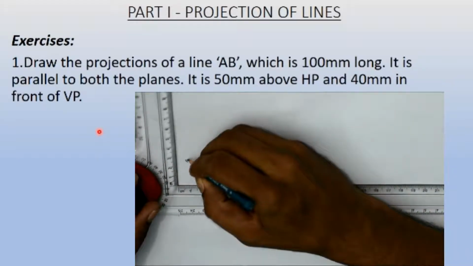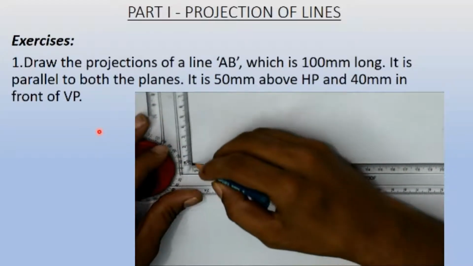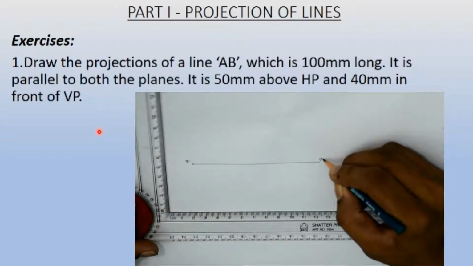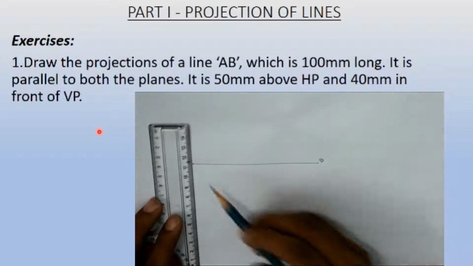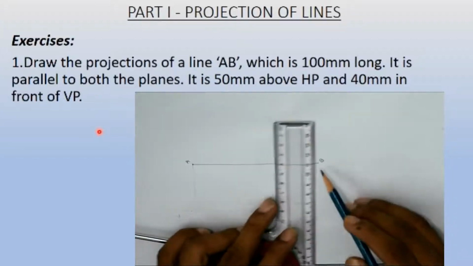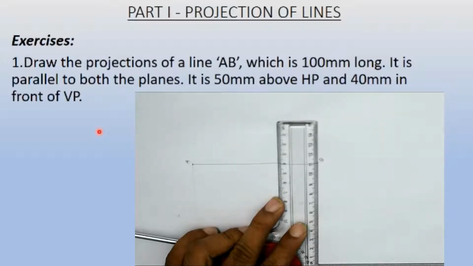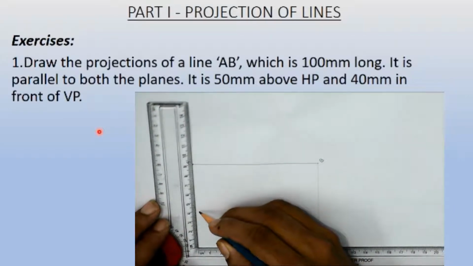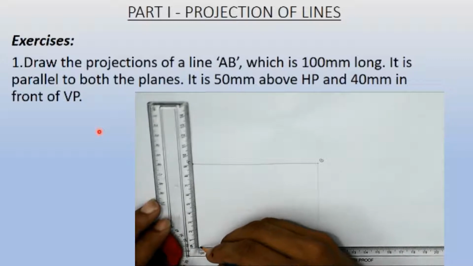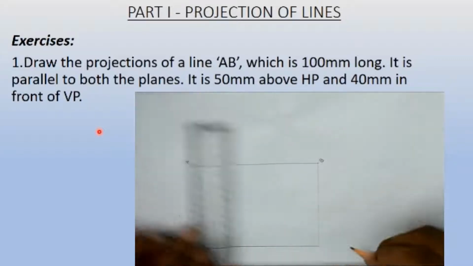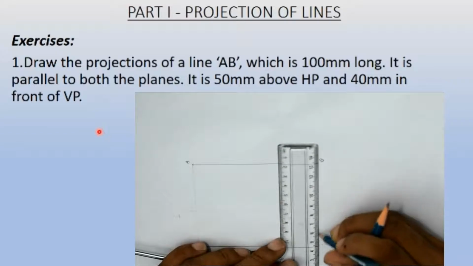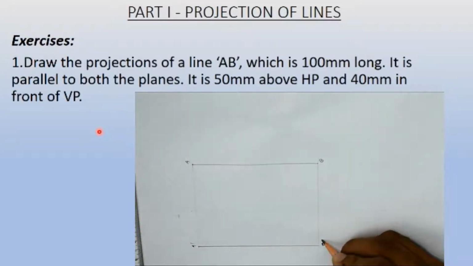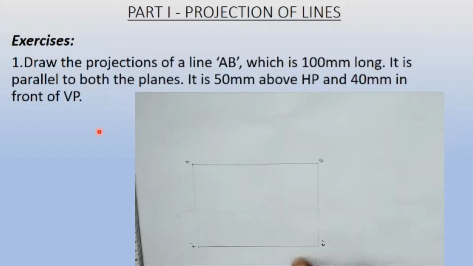Say this is the end A and this is the end B. And now its projections. It is 40 mm in front of VP, so you will get another line here. This is A dash B dash, the front view of this line, and this is the top view.